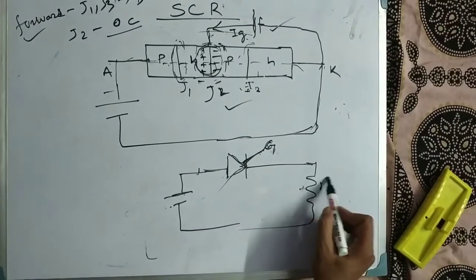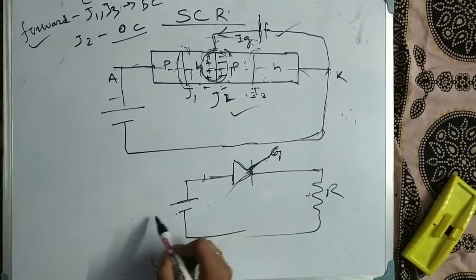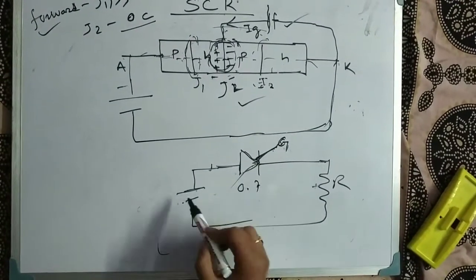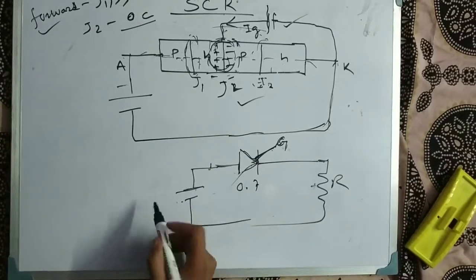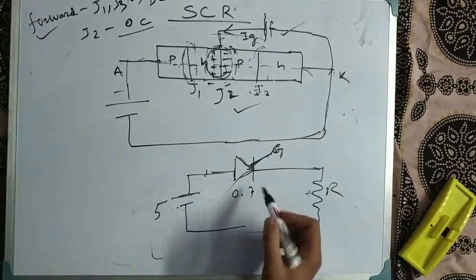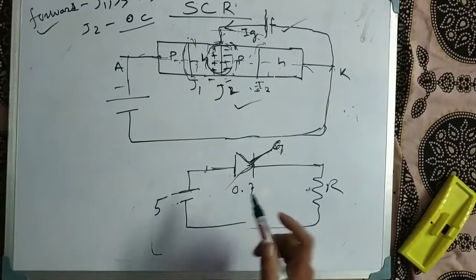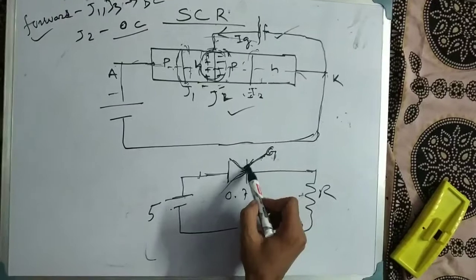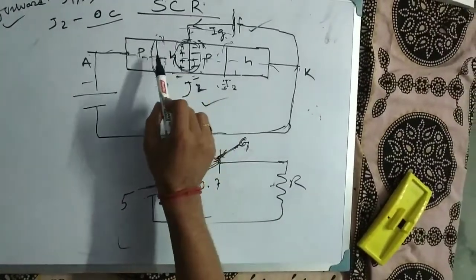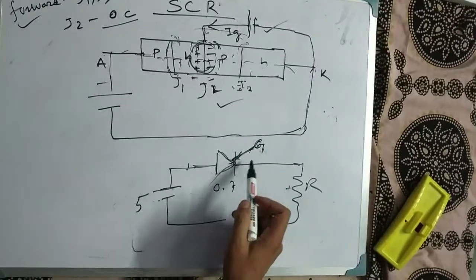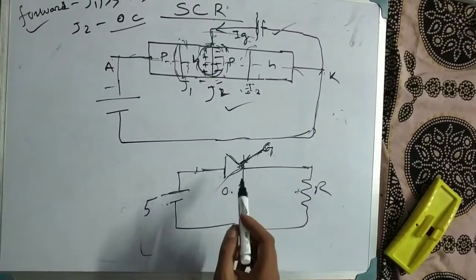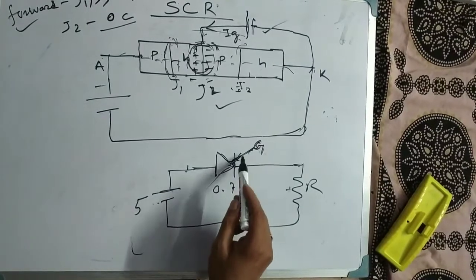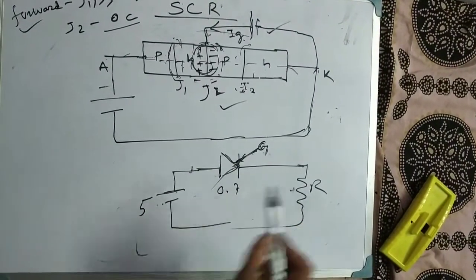If we use a normal diode, any time the input voltage is greater than 0.7, the diode will conduct. But here, if we apply 5 volts, will this thyristor conduct? No, because only when we supply the gate current is the thyristor on. So it is in your hand when to start this circuit: by giving the supply to the gate, the circuit will turn on.